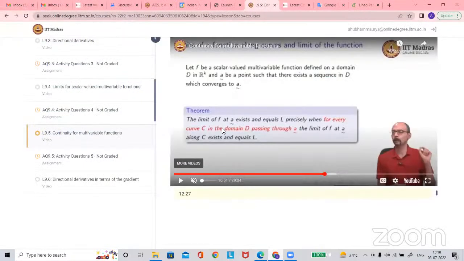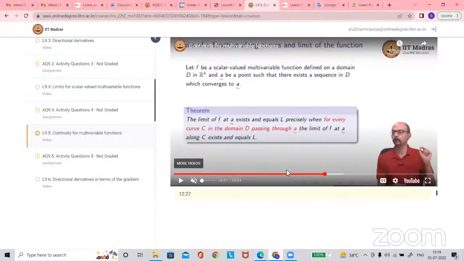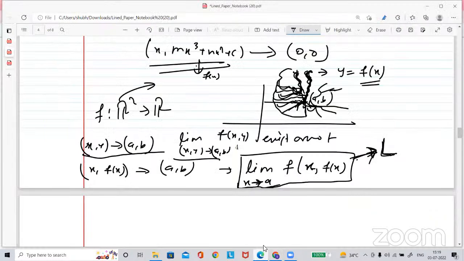So your curves will be lying in that domain, in that R2, passing through A, B. So all curves we are taking pass through A, B. The limit of f at A along C exists and is equal to L. So whatever approach we take, this should happen.